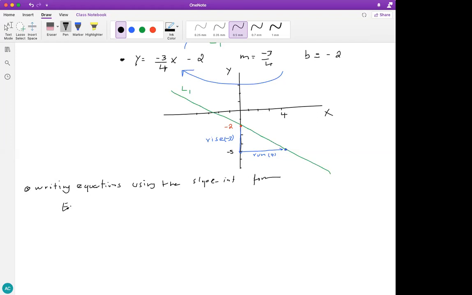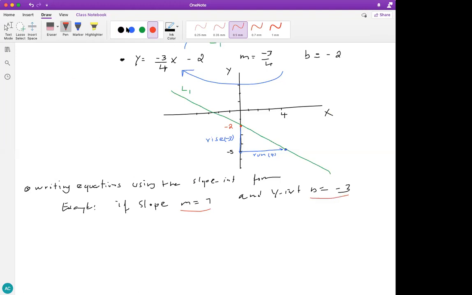Example, this is very simple. If you have slope M equals, let's say 7, and Y-intercept B equals -3. What is the equation of a line with this slope and this intercept?